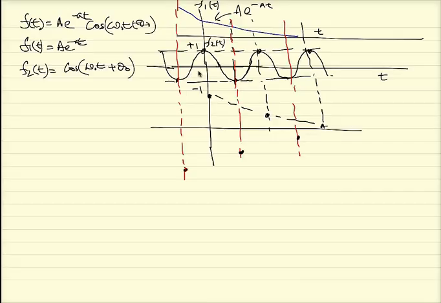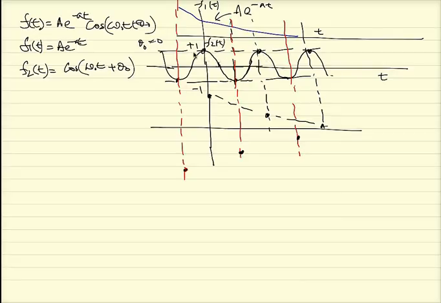Let's consider the case where theta naught equals 0. So if you plot at t equal to 0, you should get a peak for cosine, then at half of the period you get a negative peak, and at the full period you get the same peak again. So it will be a periodic signal as we have drawn here.